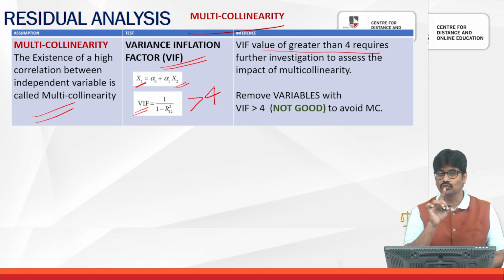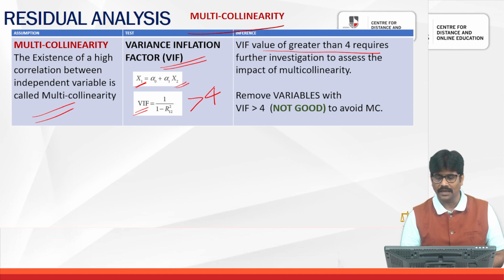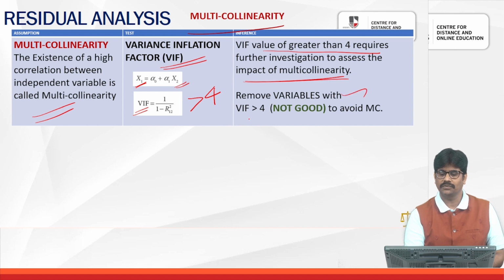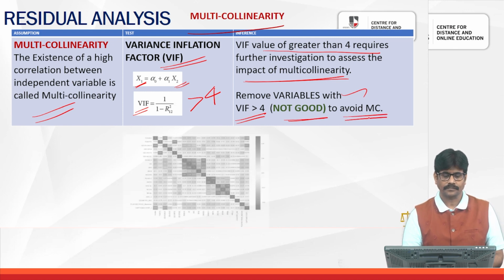That means those two independent variables might be related, and hence we need to try with one variable at a time and find what the R square is. So further investigation to assess the impact of multicollinearity. Remove the variables with VIF equal to or greater than 4. If it is greater than 4, then it is not good. We need to avoid multicollinearity.